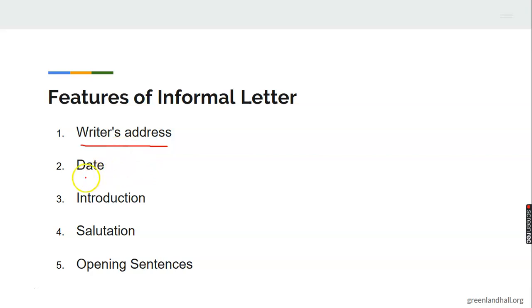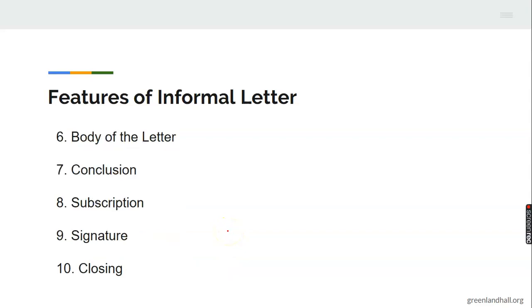You will understand better. The next one is the date, very important. The introduction, the salutation, opening sentences. Okay. We also have the body of the letter, the conclusion, the subscription, the signature, and the closing.